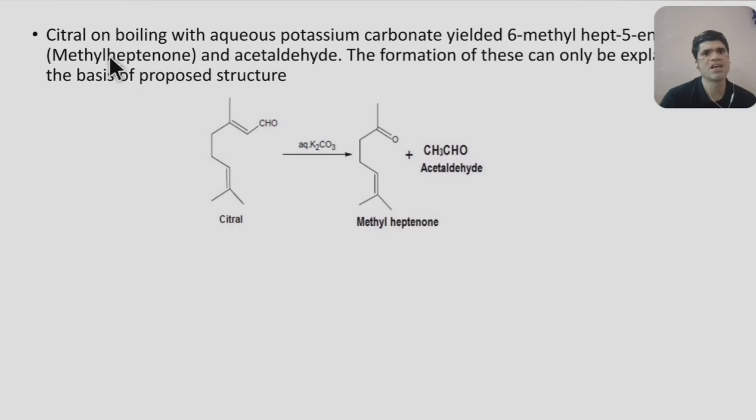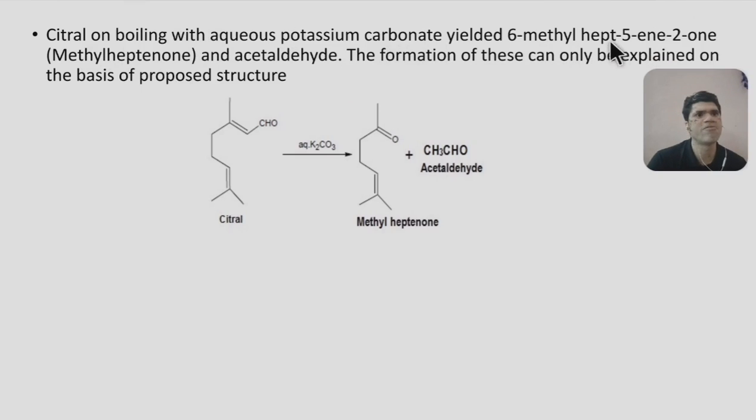Finally, citral on heating with aqueous potassium carbonate yields 6-methylhept-5-en-2-one and acetaldehyde. The formation of these can only be explained on the basis of the proposed structure. Therefore this is the structure of citral.